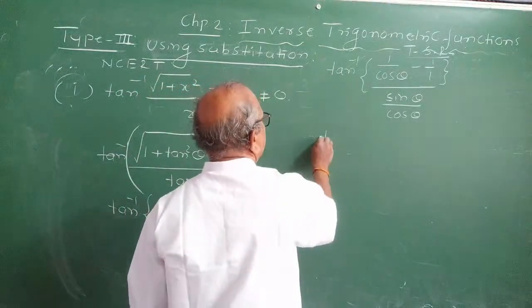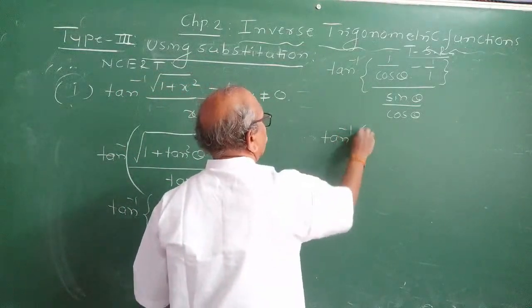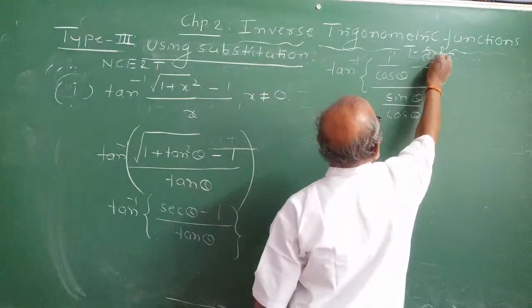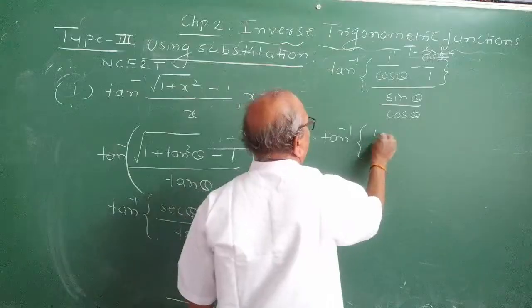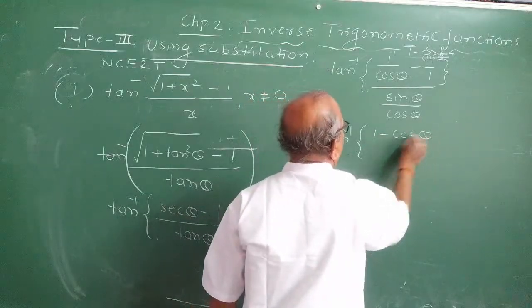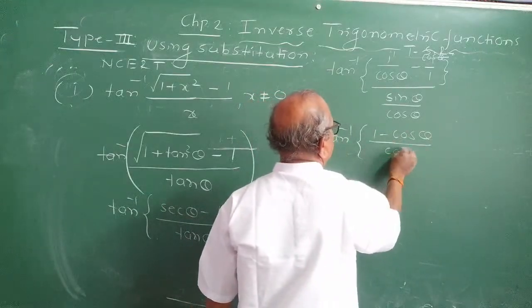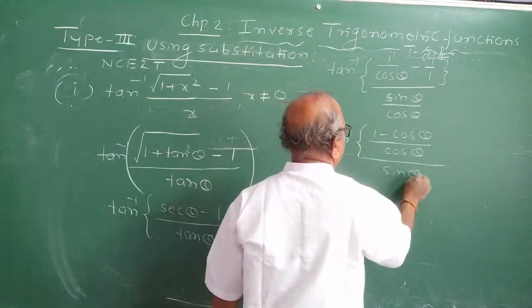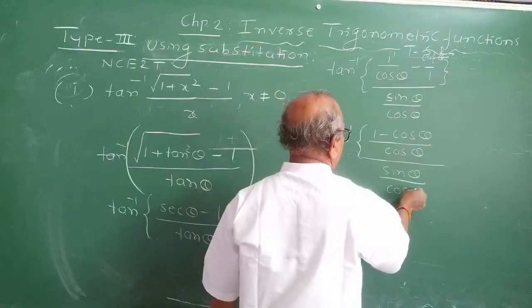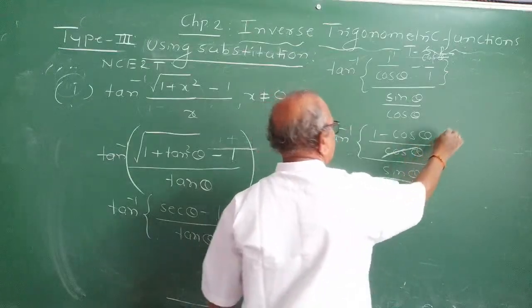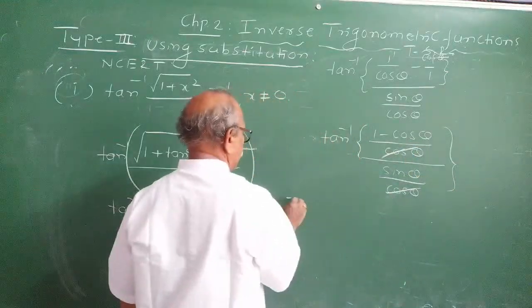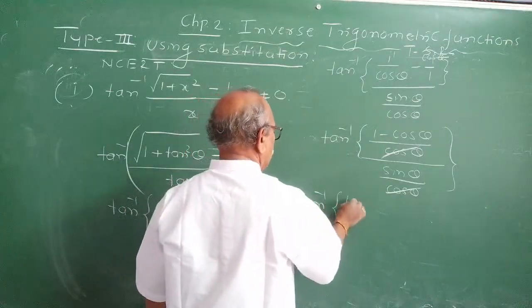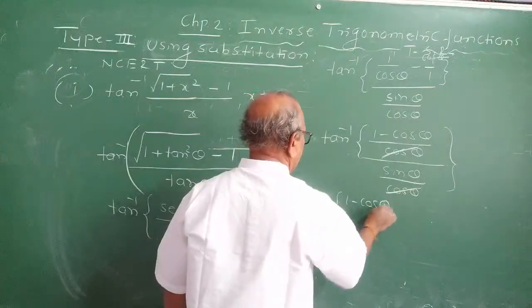Now you can write it as tan inverse. Take the LCM: cos theta into 1, so 1 minus cos theta. You will get 1 minus cos theta divided by cos theta in the numerator, and sin theta upon cos theta in the denominator. Cos theta cancels. Now you are left with a very interesting result: tan inverse of (1 minus cos theta) upon sin theta.